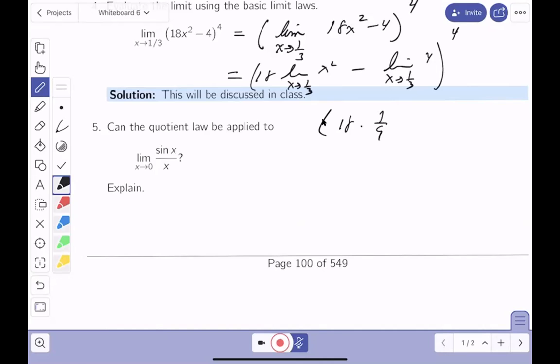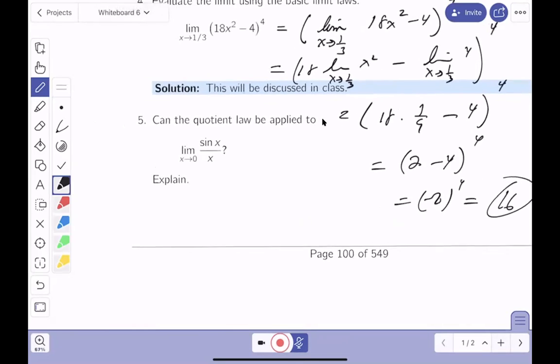That's 1/9, and that's minus 4 to the 4th power. This is crazy. Well, 18 times 1/9 is 2. And 2 minus 4 is minus 2 to the fourth. And that's going to be what? Positive what? Let's see, 2 times 2 is 4, 8, 16. Not so bad. Use some limit laws over there.